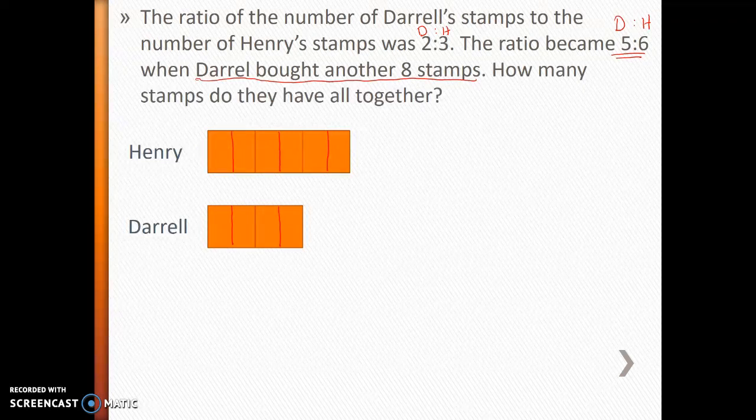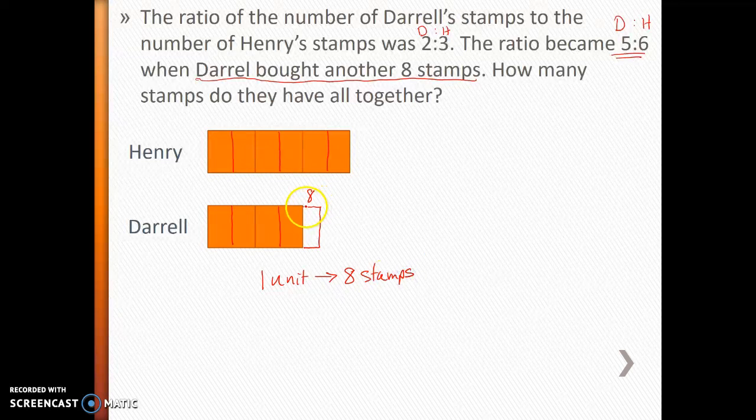Now the after situation says the ratio becomes 5 to 6 when Daryl buys another 8 stamps. Daryl has 4 units right now, so he's going to add 1 unit, going from 4 to 5, and that unit equals 8 stamps. So now we know that 1 unit equals 8 stamps.